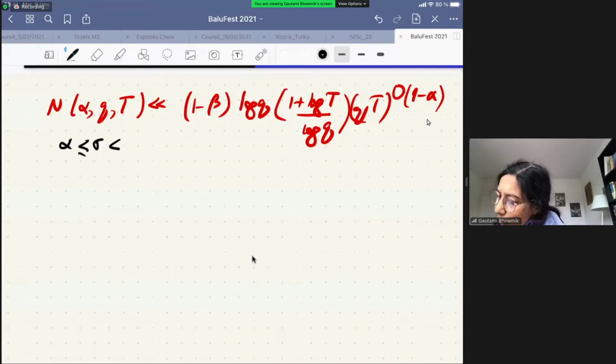So sigma is between alpha and 1, and little t is between 0 and T. Okay, so this is a density estimate. I'm writing it the way you get the nice result if you use Bombieri's expression.